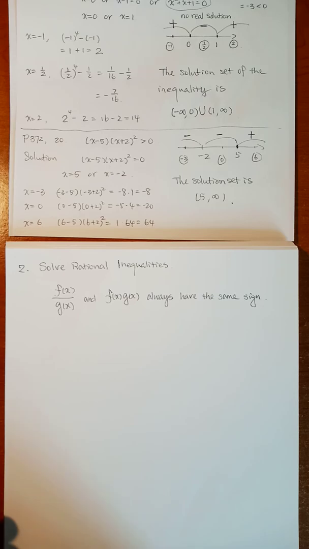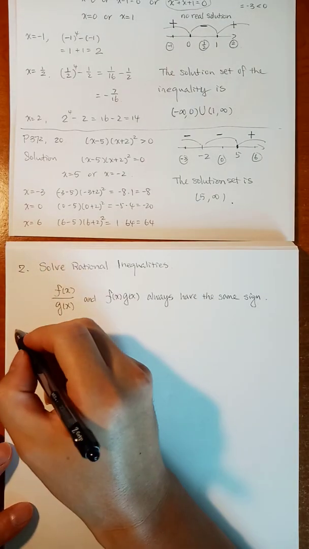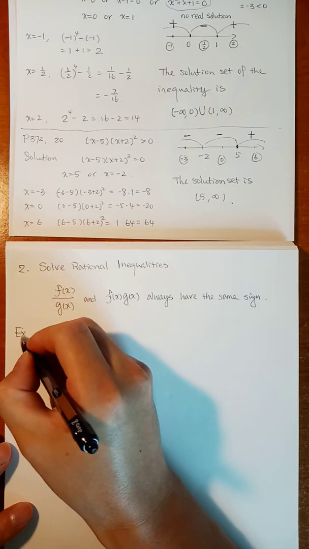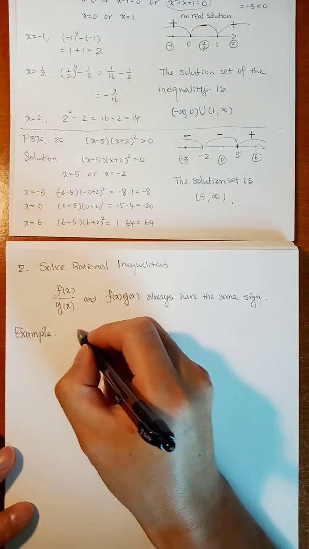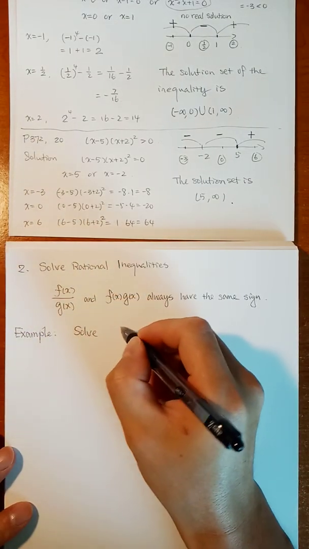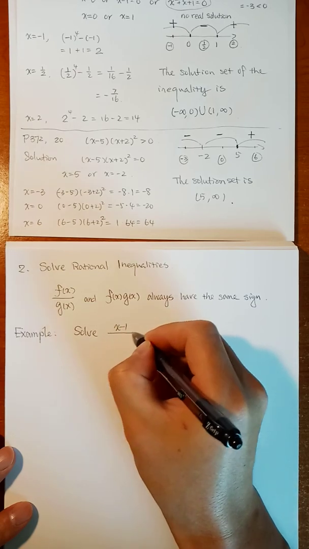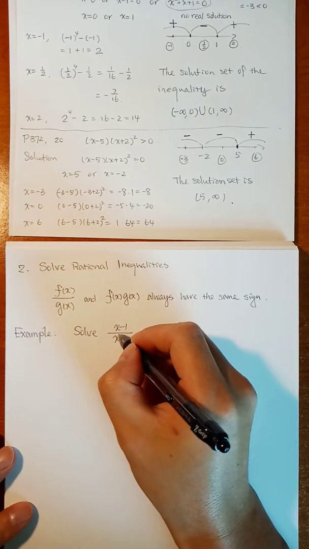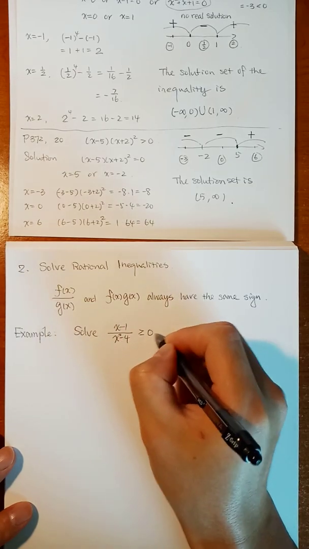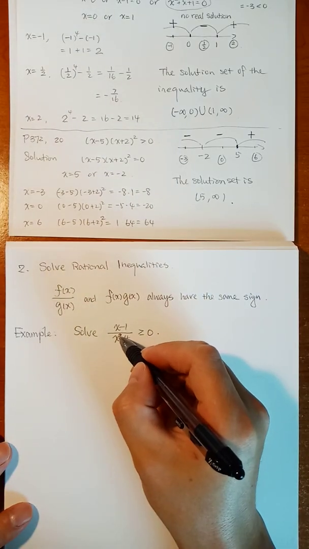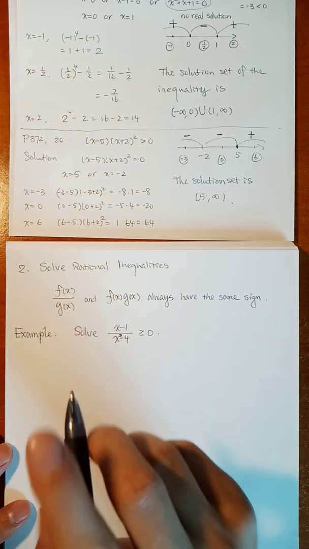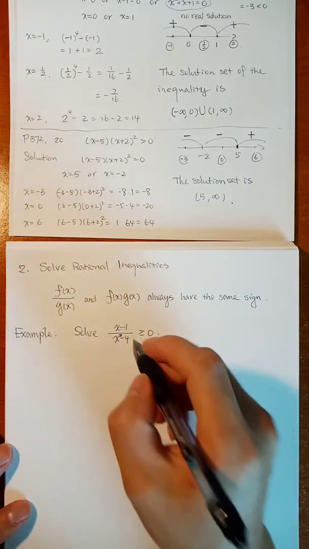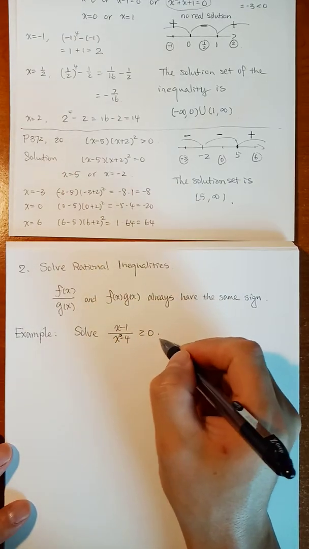So this is a very important observation, or common sense. So for example, if we want to solve this inequality, we have two things. First, it is greater than. Second, it is equal to 0.